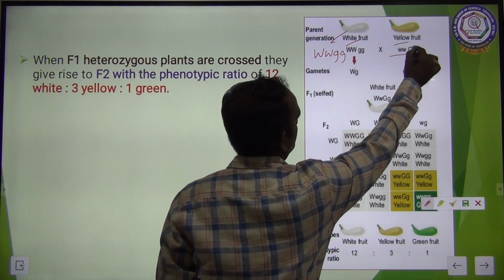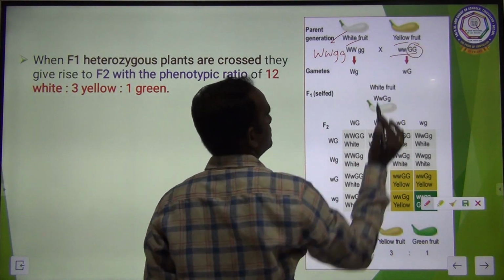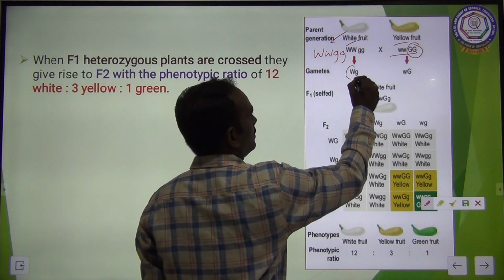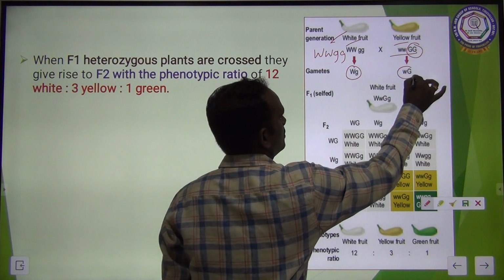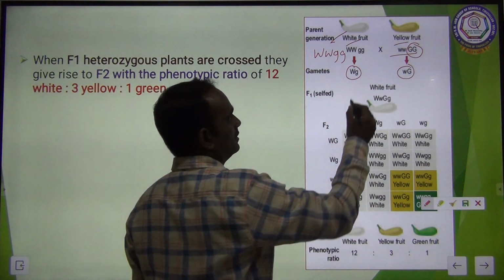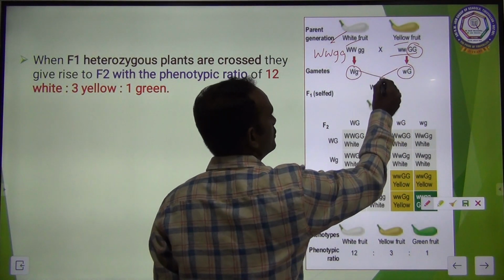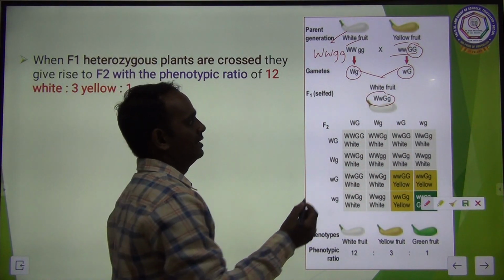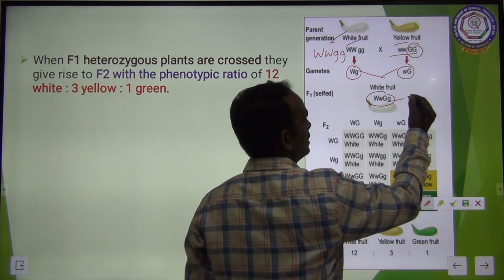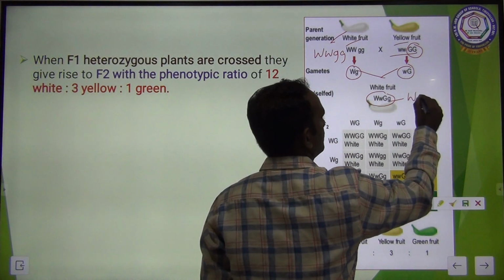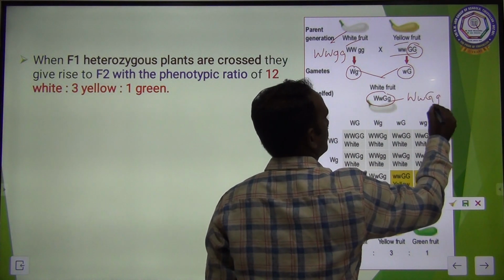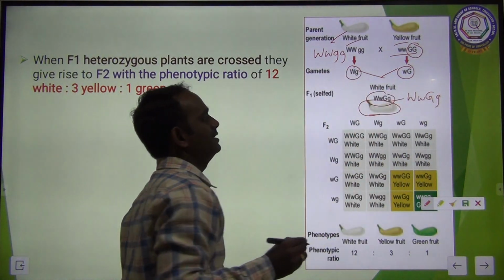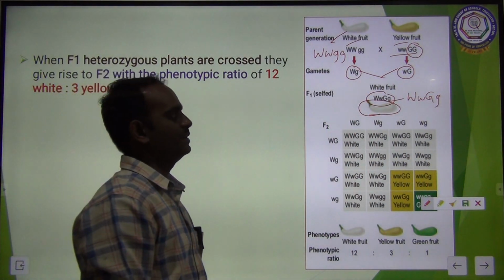Here yellow, small w, capital G. What are the gametes here? Capital W, small g and small w, capital G. They cross with each other, the gametes fuse together to form a zygote. This is the F1 generation. What is the genotypic ratio? This is the genotype, capital W, small w, capital G, small g. The phenotypic expression is white.